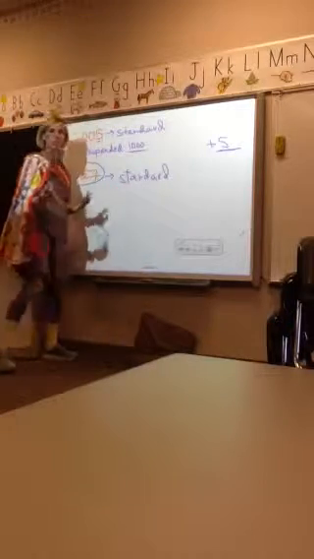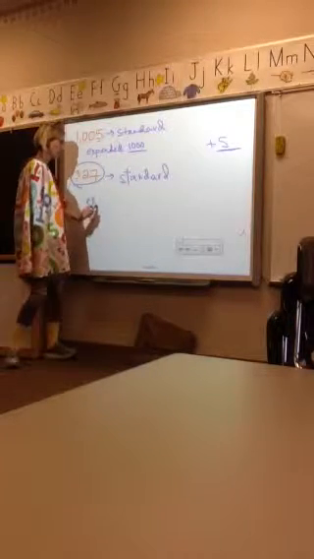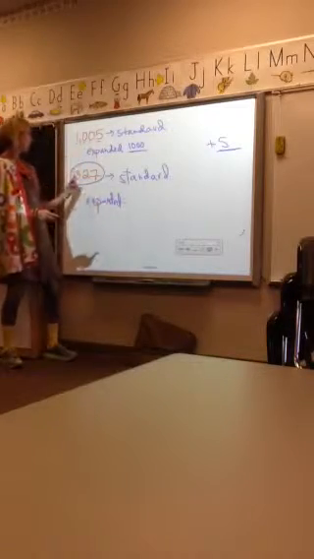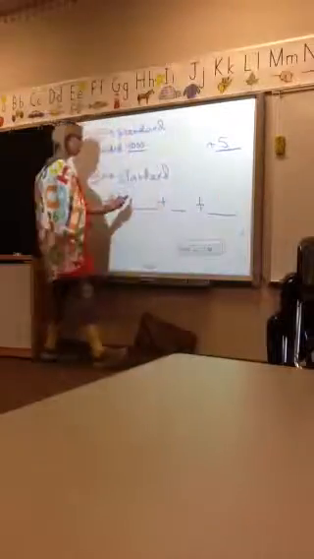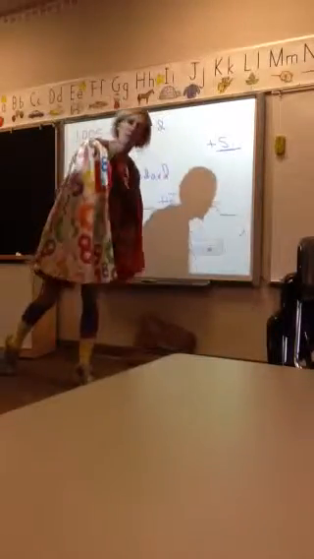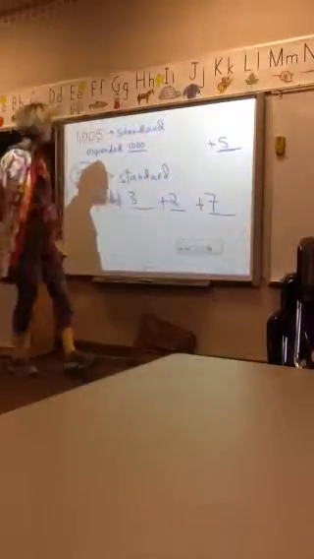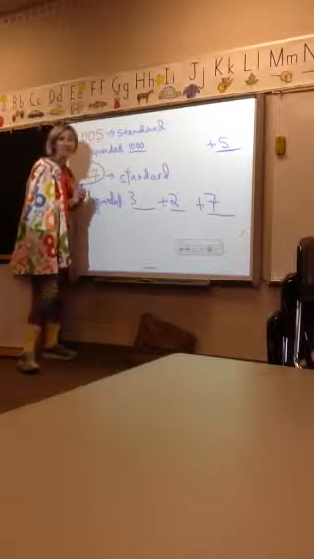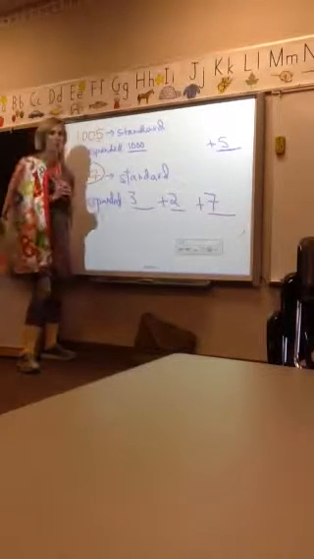And then expanded, let's try it again. So expanded, you might be like, I got this. Do you? Try one more time. So I have 3 digits. So I'm going to have 1, 2, 3. My 3 digits are a 3, a 2, and a 7. If I take 3 plus 2 plus 7, guess what? I'm not going to get back to 327. So I need to see what value each one of these numbers is. So 3 is not worth 3.